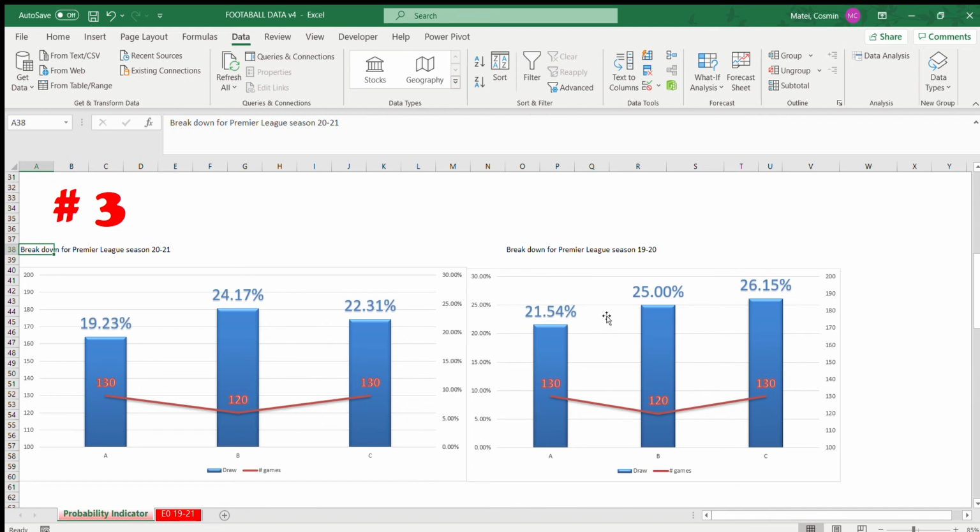So we had 21.5% chance of a draw in the first part of the season, then 25% of a draw, then 26%. So as you can see here, if you're betting on a draw in the first part of the season, first 130 games, you are more likely to have more losses than betting on the second and third part. For myself, I'm mostly focusing on the second part, so in the middle of the season, to bet on draws.